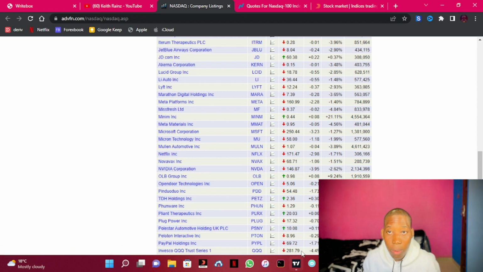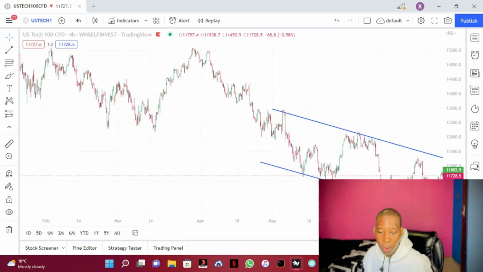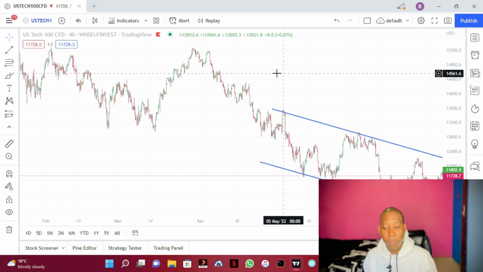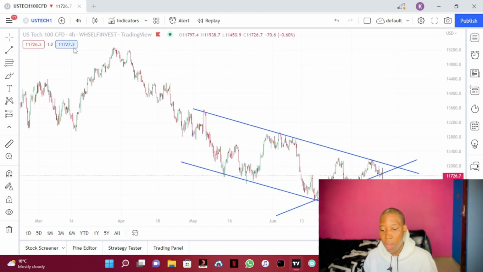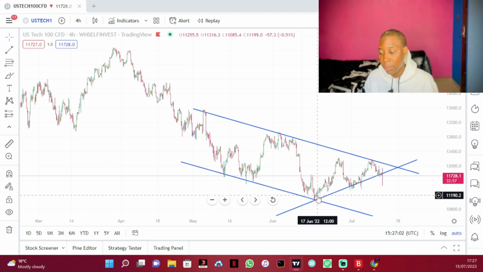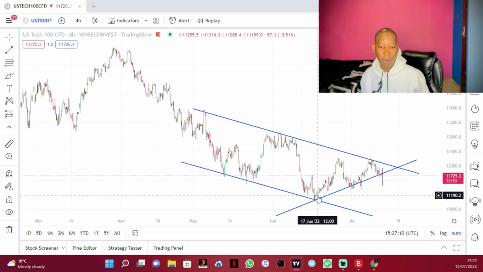If I open up my TradingView right now, this is US Tech, on a 4-hour time frame, and as you can see, from this point over here it has been really going down. Then probably from here is where we're trying to see a change in price, but I still think it is going down, even if it showed a reversal.